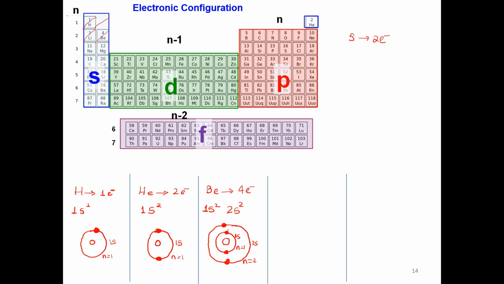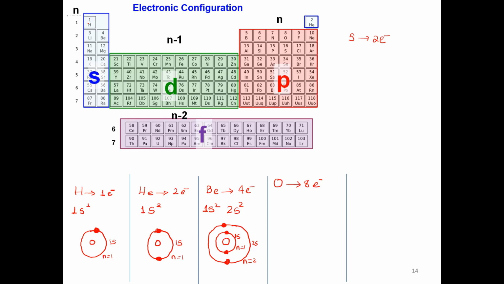Now let's try oxygen. How many electrons for oxygen? 8. Remember, if the position of the element is here, it's because the other shells are completed.